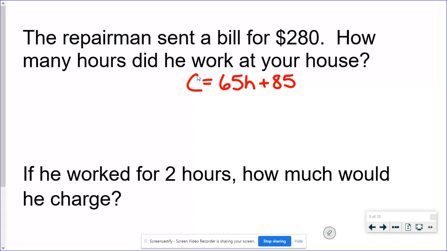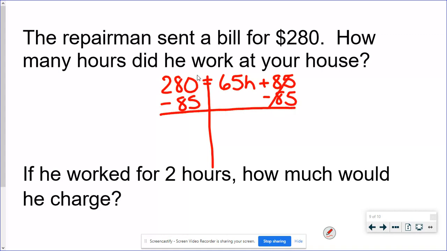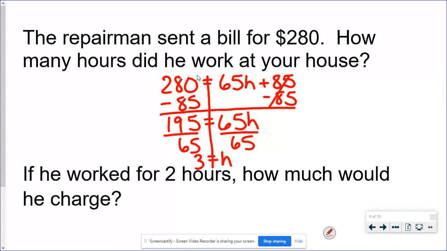So I'm going to put that in for the cost. This is $280. Now, solving this equation, we would first get rid of the 85. So 280 minus 85 is going to be 195. And then we would divide. And this is going to give me 3. So that's 3 hours that they worked.